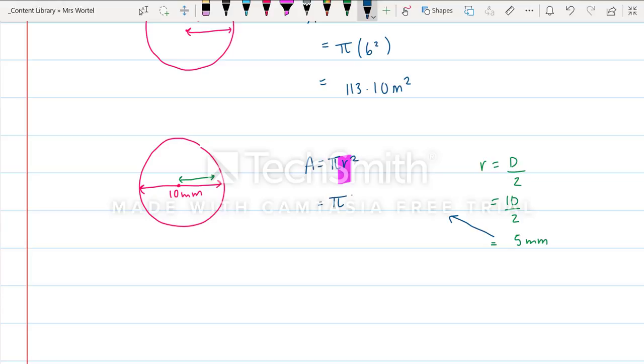So pi times by 5 squared. And if we put that in our calculator, we get 78.54 millimeters squared. And that's how we work out the area of a circle when given the diameter rather than the radius.